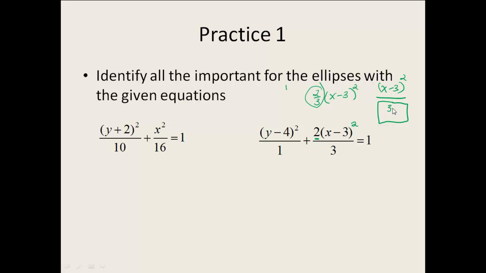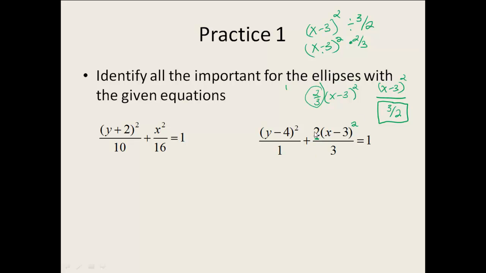So I'm really going to write this as x minus 3 squared divided by 3/2, because if you look at how this works out, the long way, divided by 3/2, well, according to our rules for fractions, when we have division, we multiply by the reciprocal, and that gets us back to 2/3 times the x minus 3 squared.